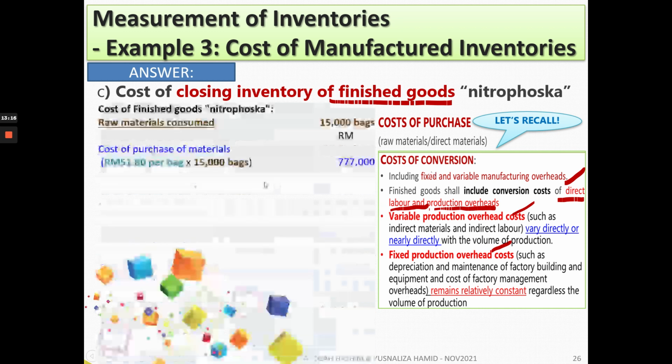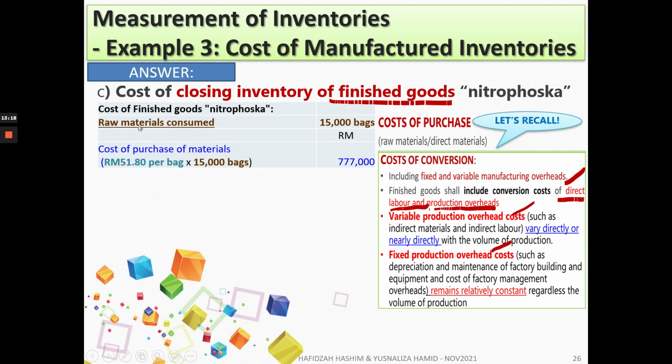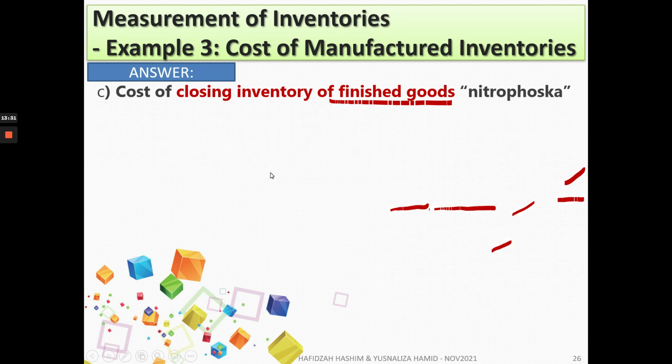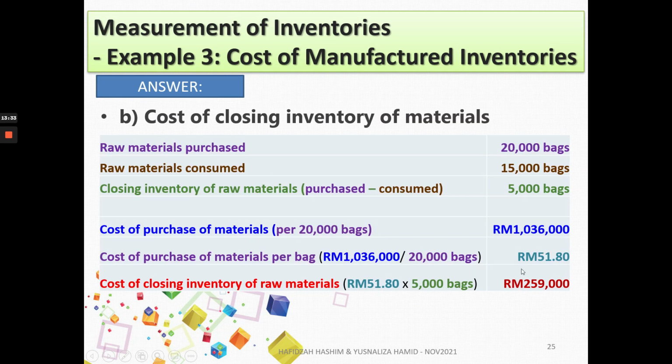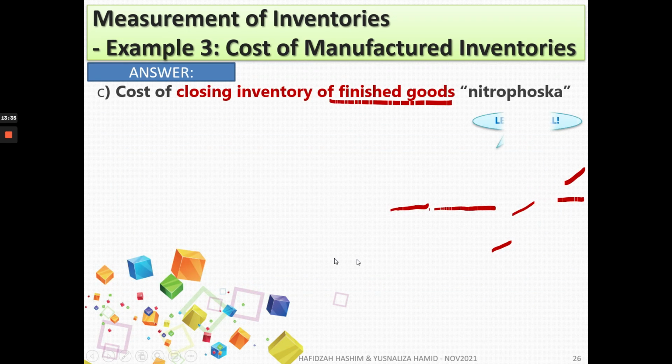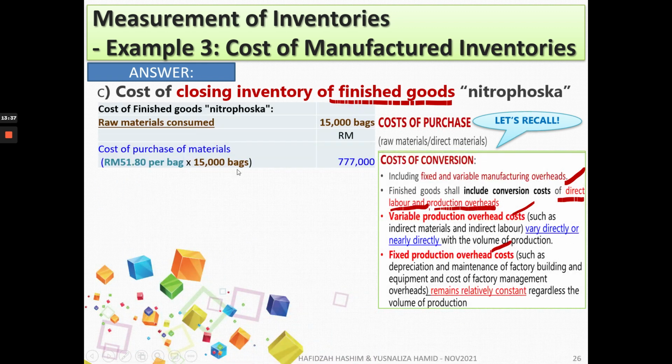So let's look at our case here. The raw material is consumed first before it is converted into the finished goods. Remember, the cost of the purchased material per bag was 51.80, which was on our previous slide here. Let's look at the next item relating to the cost of conversion, which is the direct labor.